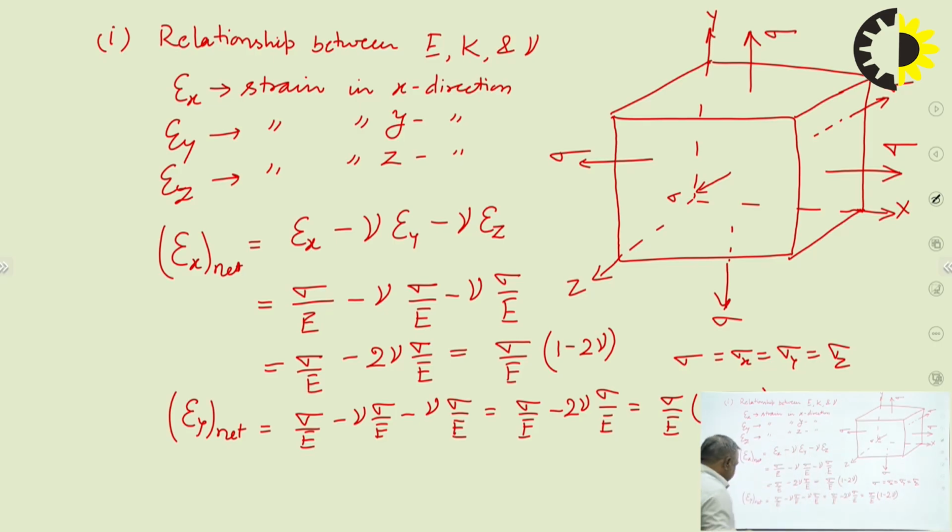And similarly, epsilon z in the z direction is equal to sigma upon E into 1 minus 2 nu.